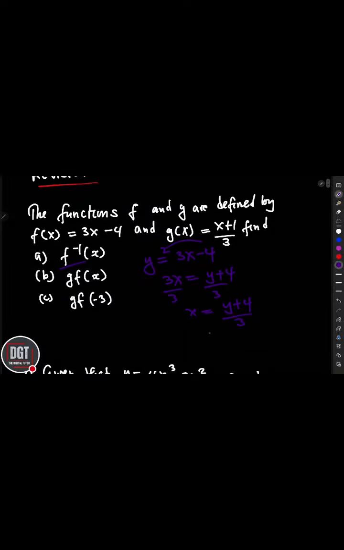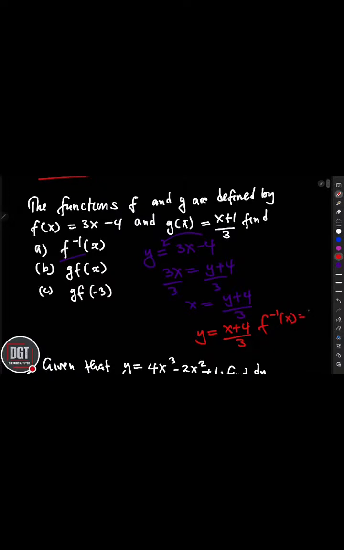And of course we can swap: where there's x we put y, where there's y we put x, since we are finding the inverse. So y equals x plus 4 over 3, and we can write f inverse of x equals x plus 4 over 3. That is the inverse. So we've answered the first question successfully.